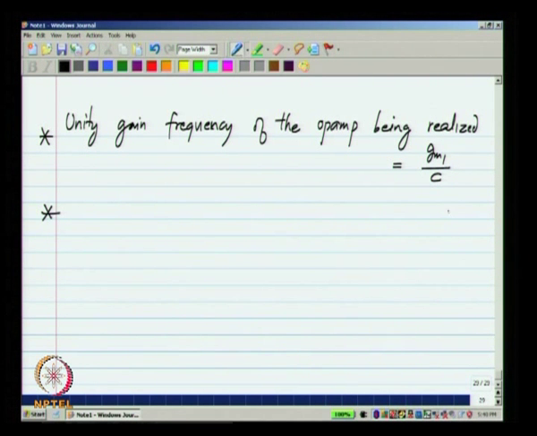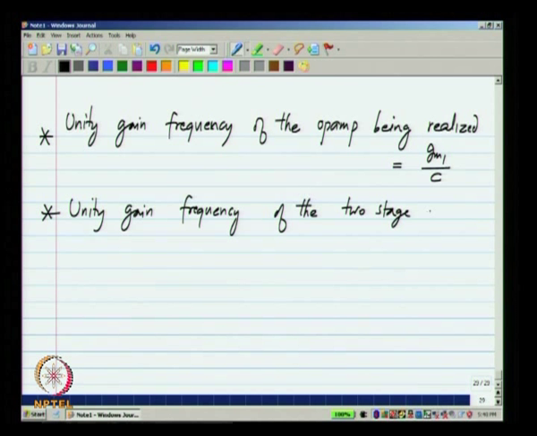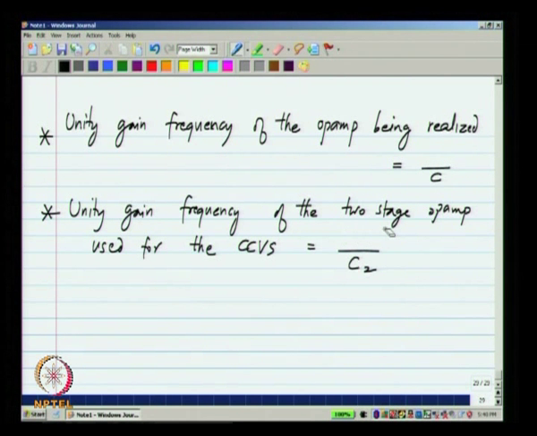Now, the unity gain frequency of the two stage op amp used for the current control voltage source is GM2 by C2. Okay. Sorry, I had used uppercase GMs here.